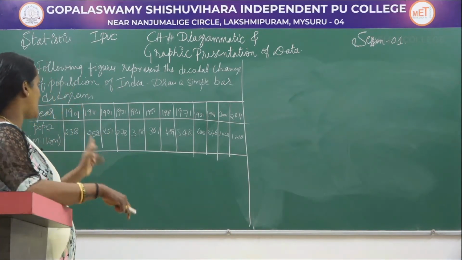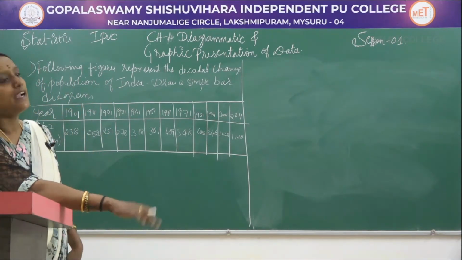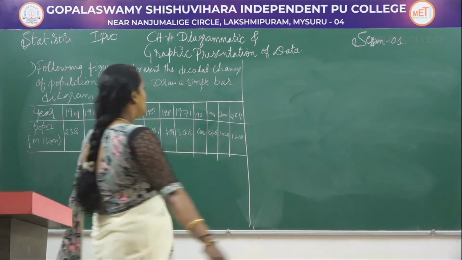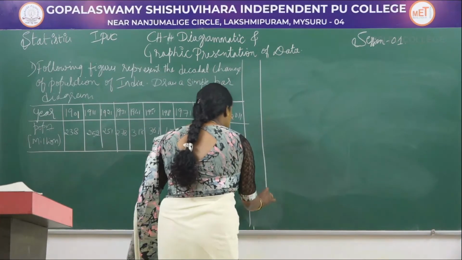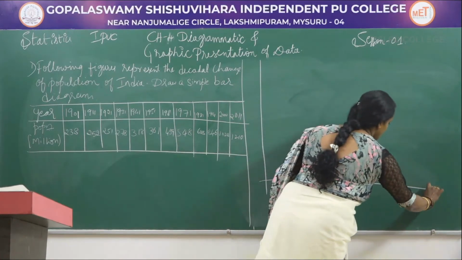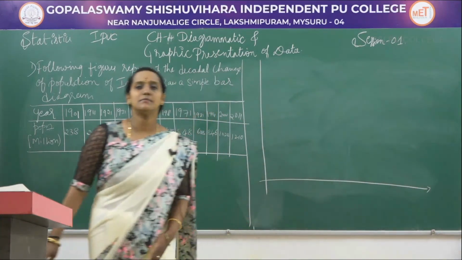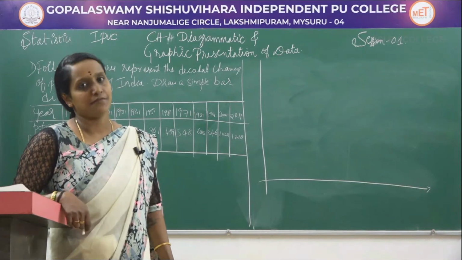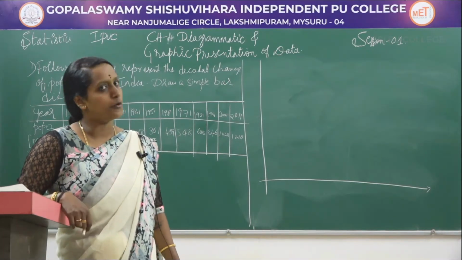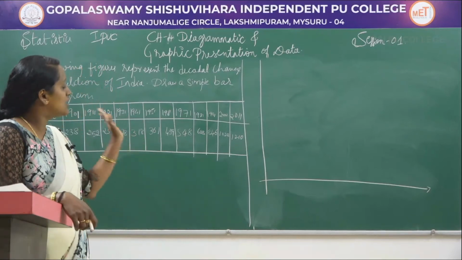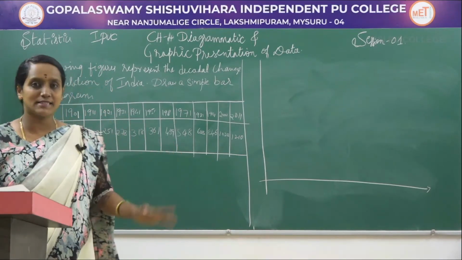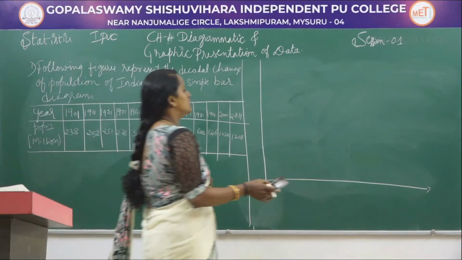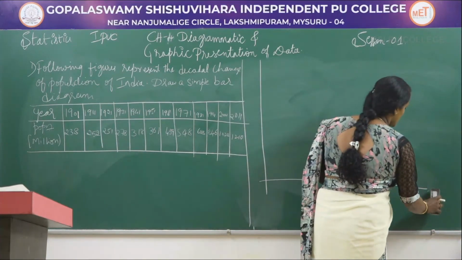For this data we have to draw a simple bar diagram. For solving this, you have to use graph sheets, or you should take the graph book. Here I am giving a rough sketch of the diagram.